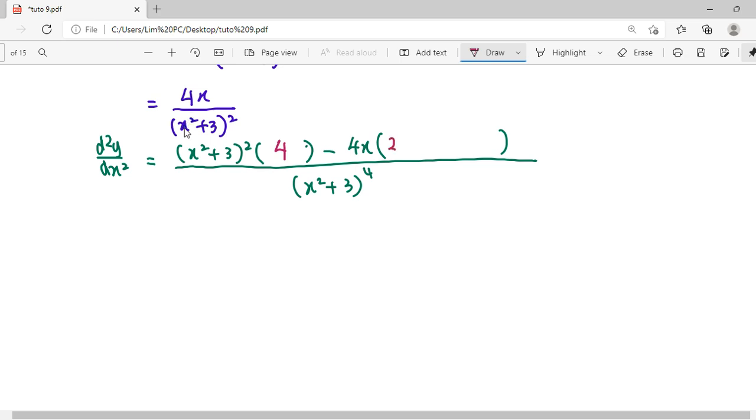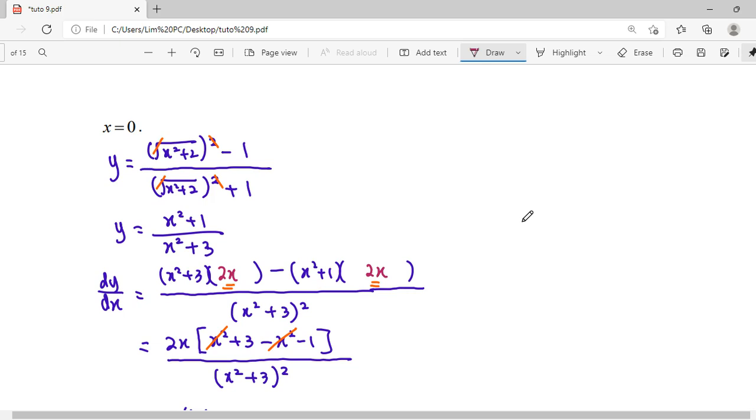Power comes to the front, power minus 1, then differentiate inside the bracket. Differentiate x squared, we get 2x. Differentiate 3, we get 0. So finished.